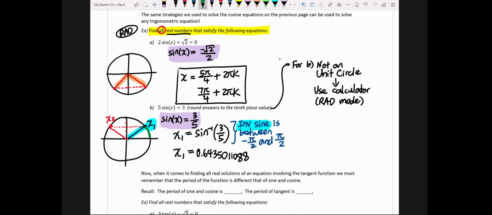This distance in green, right there, on our unit circle, that's going to be 0.64350111088, because this is a radian measure. So that's the green distance. Due to the symmetry, on the other side, this is also the same distance.